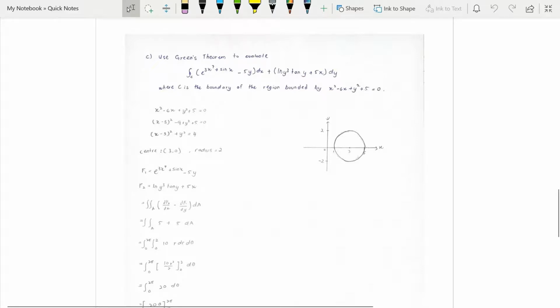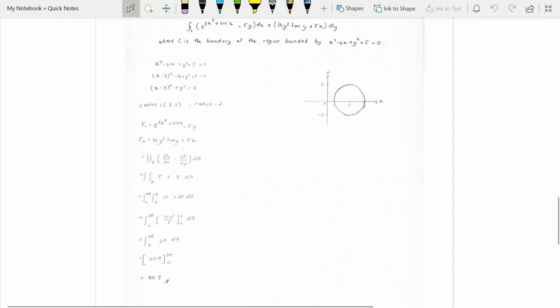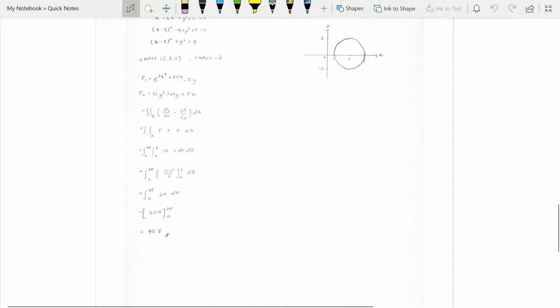From this equation, we got this. Then we simplify it for the ellipse equation. So, we get the center and radius. Then, we substitute into the formula. Then, we get 40 pi.